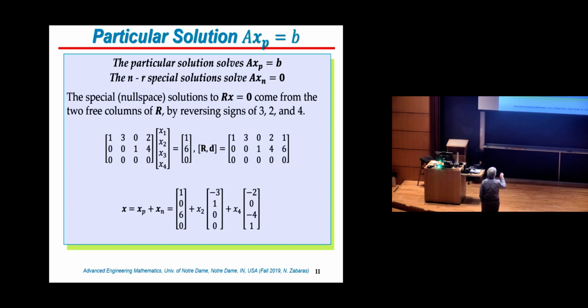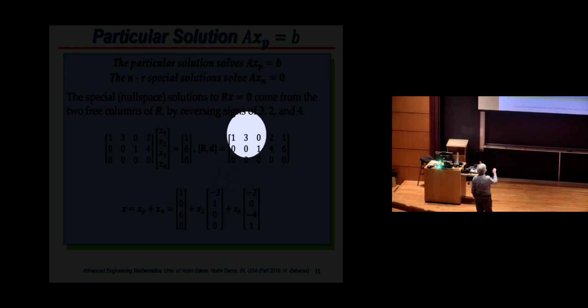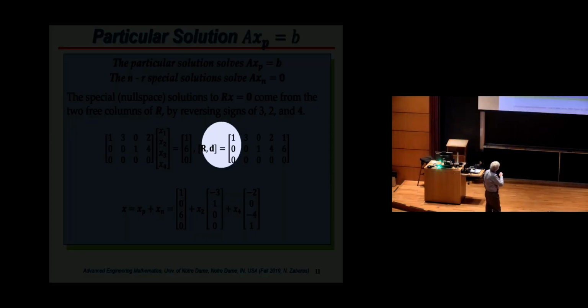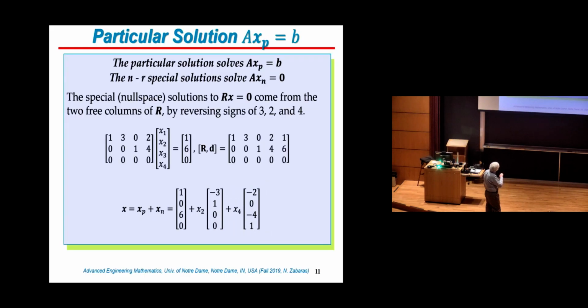So where is that minus 3 coming from? You take that 3, you make it minus 3, this is what goes here. Where are the minus 2 and minus 4 coming from? This is the 4th free variable, right? You take that 2, you take that 4, you make it minus 2, minus 4, that's it.